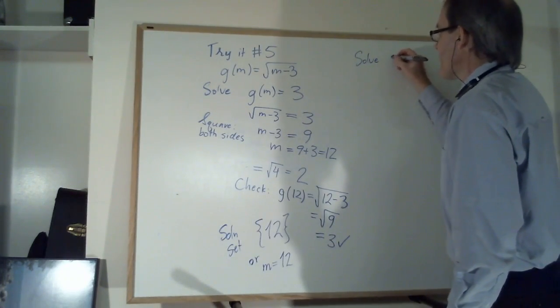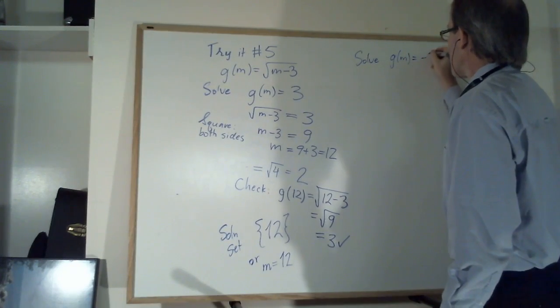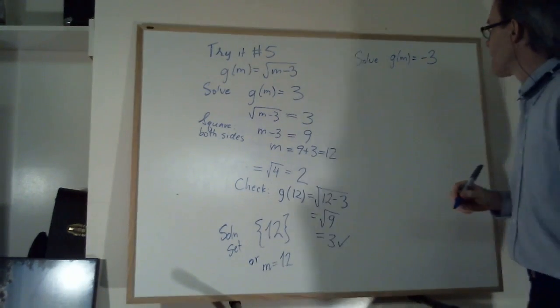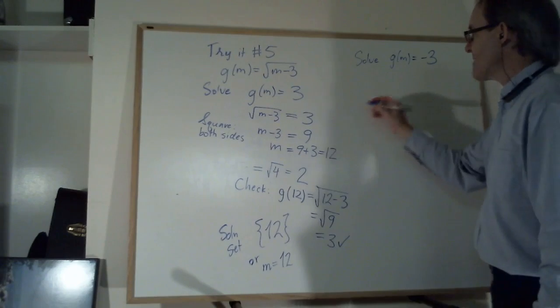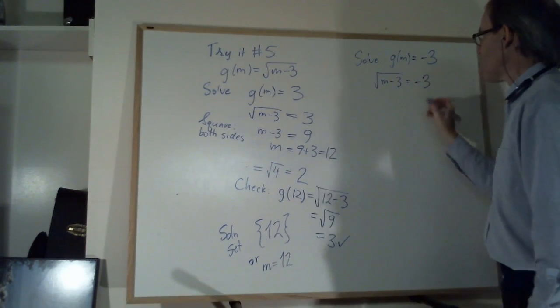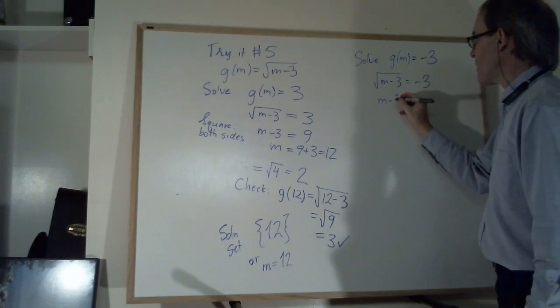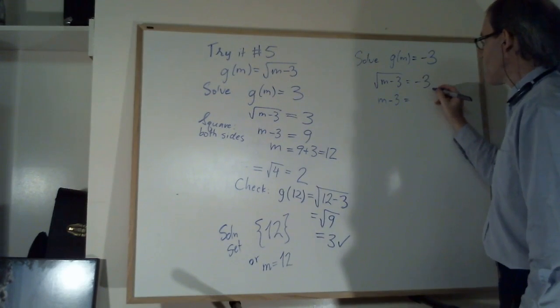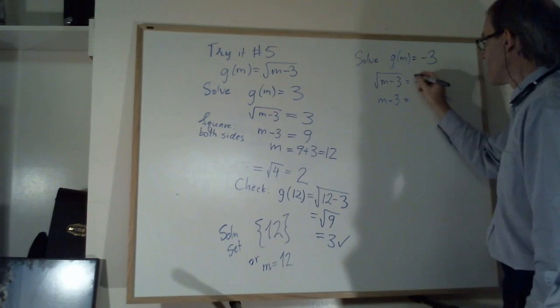Now, but if I try to solve this equation, what happens is that I'll equate this side to minus 3. I'll square both sides, and I'll get m minus 3 equals, this will now be plus 9, because I square this whole thing.